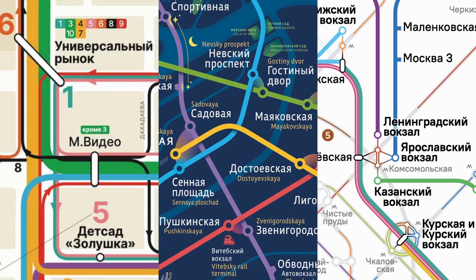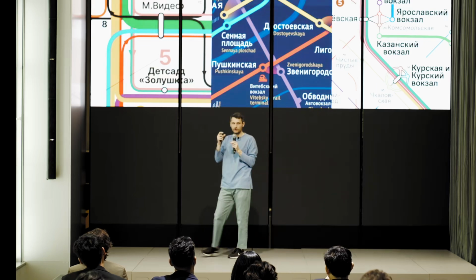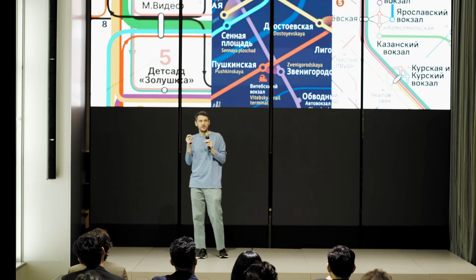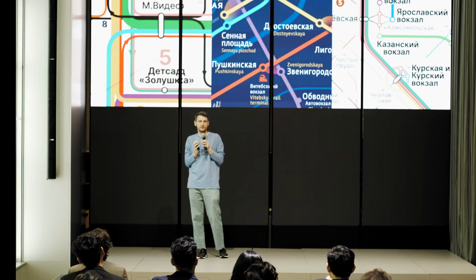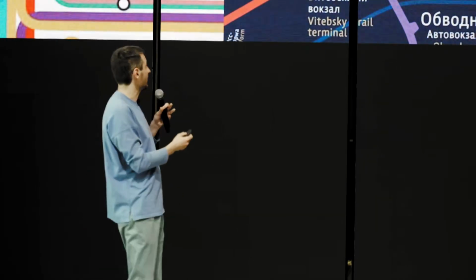You have to come up with all sorts of typography, iconography, color, texture, the way you bend the curves, everything. And you have to find all those elements in such a way that they fit each other, that they work well with each other, they don't conflict with each other. You cannot do this with separate elements. You have to do this in one element, and map is, of course, that element.